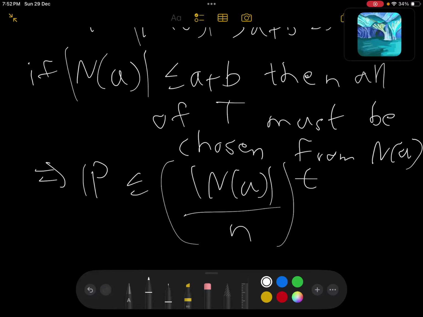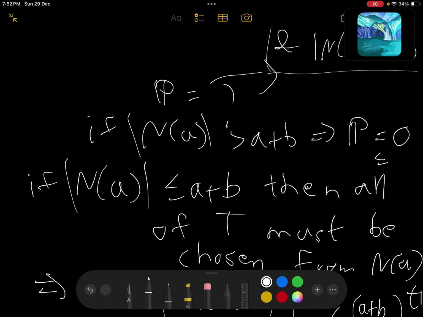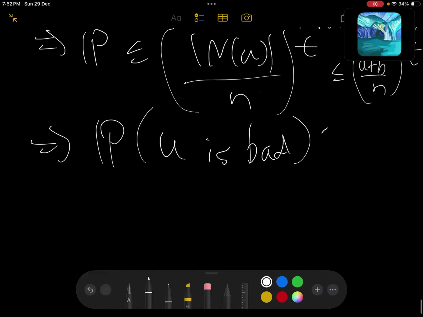And so it's at most NU by N to the T. Since we know NU is at most A plus B, it's at most A plus B by N, whole raised to T. And 0 is also less than or equal to A plus B by N whole raised to T. So in the end, the probability U is bad is at most A plus B by N whole raised to T.